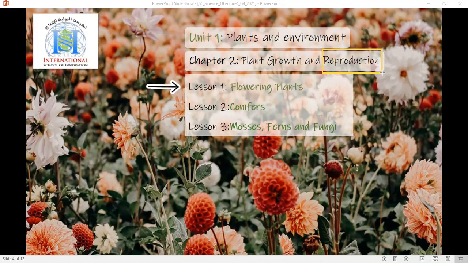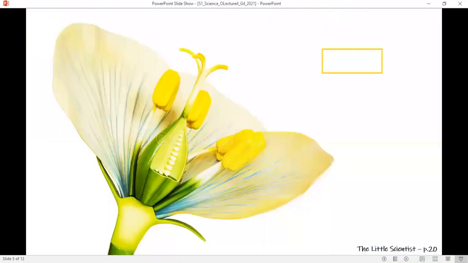So an apple tree, for example, makes seeds. These seeds, once planted in the soil, will make a new apple tree. This is what we mean by the word reproduction. Reproduction is making new organisms. The flower is the reproductive organ of the flowering plants.